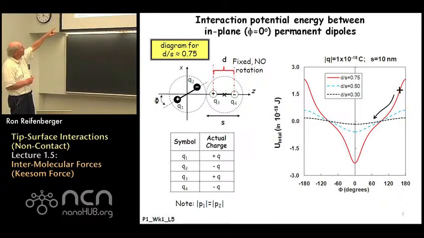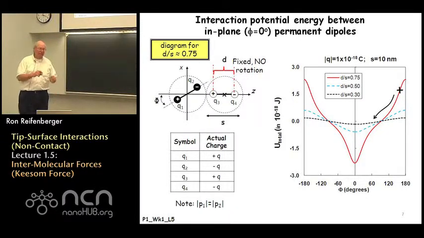And when that case arises, for instance, the case D over S equals 0.3 in this slide, you can see that the interaction potential energy just has a very shallow minimum, indicating that the interaction between these dipole moments when they're far apart is small.